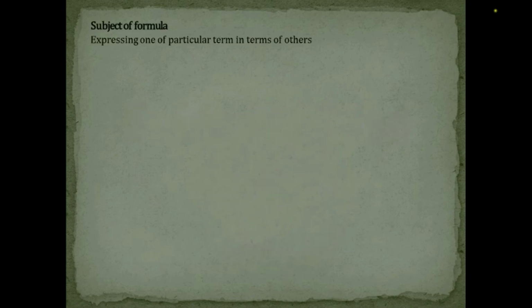What is subject of formula? Now, subject of formula actually means expressing one particular thing in terms of others. That is, making something the subject of formula. We all know that formula means a group of letters that implies a particular rule.